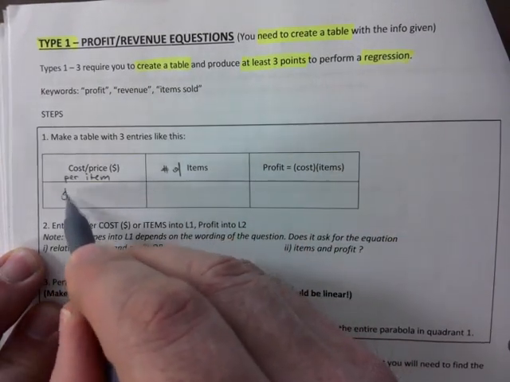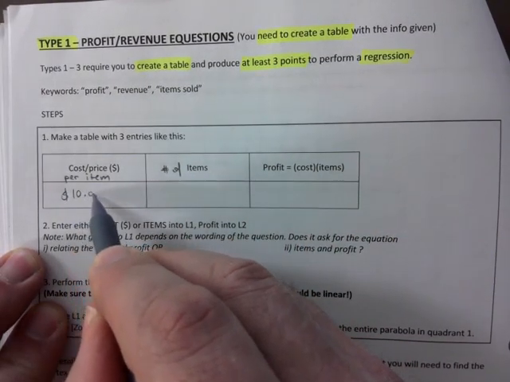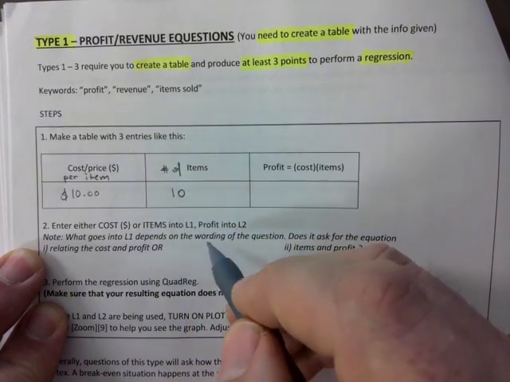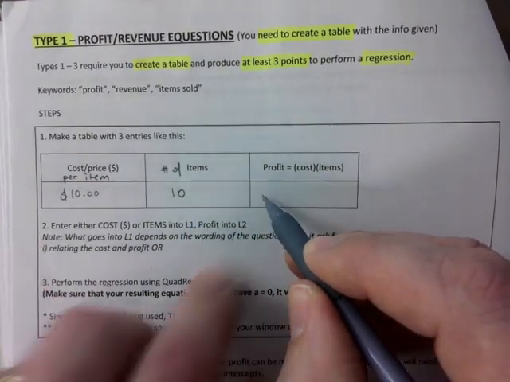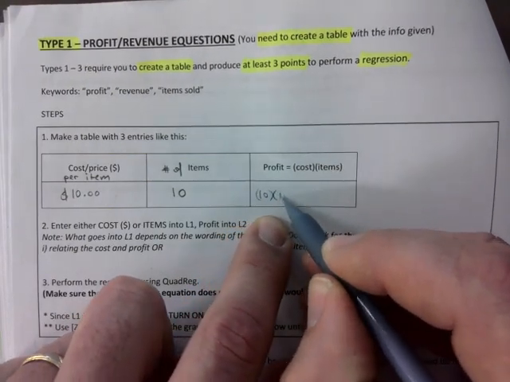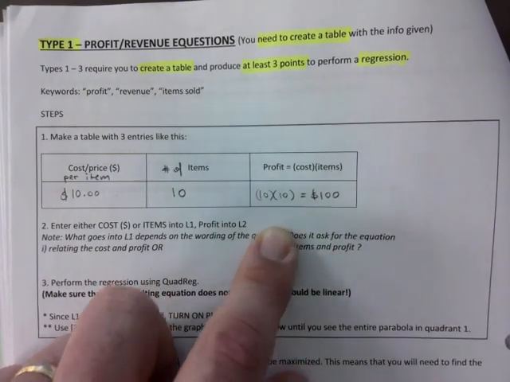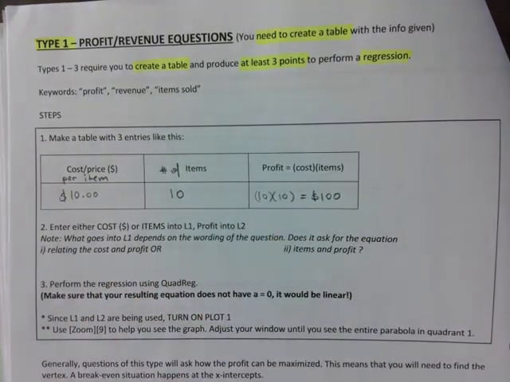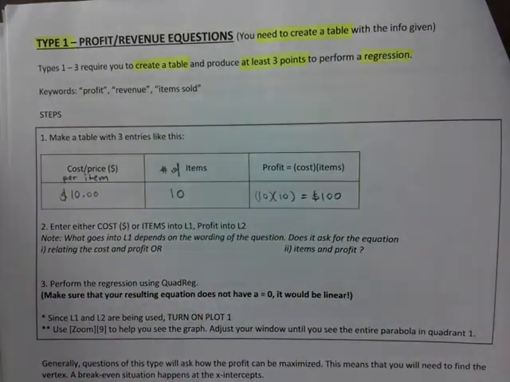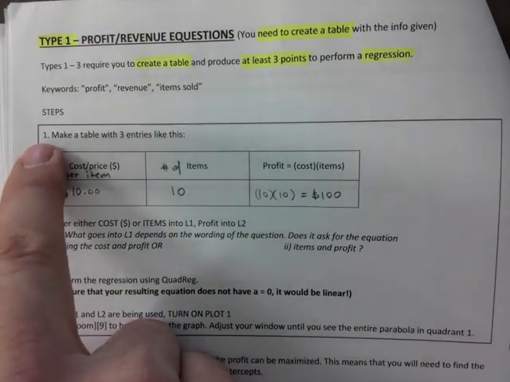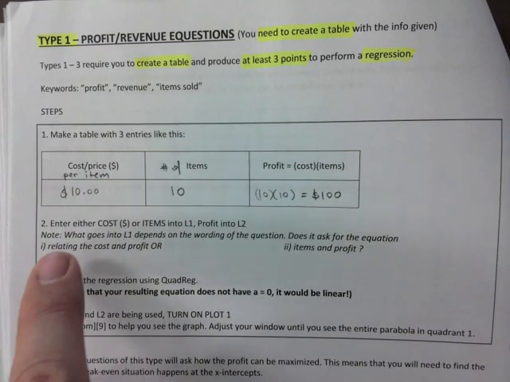So let's say it's $10 and you sell 10 items, right? That'd be 10 times 10. That'd be $100 profit in this case, right? So that's kind of what we're going to do here. So that would be step number 1, okay?